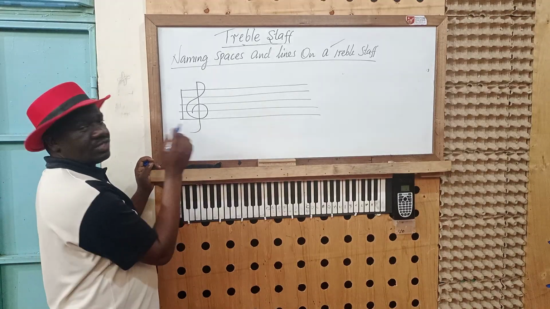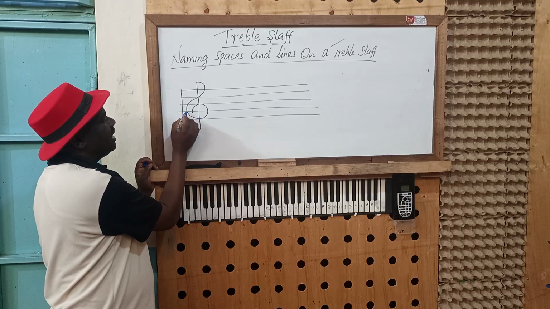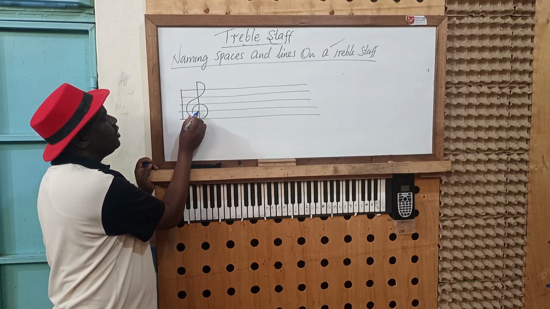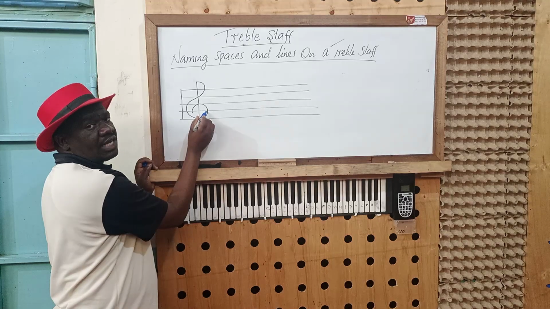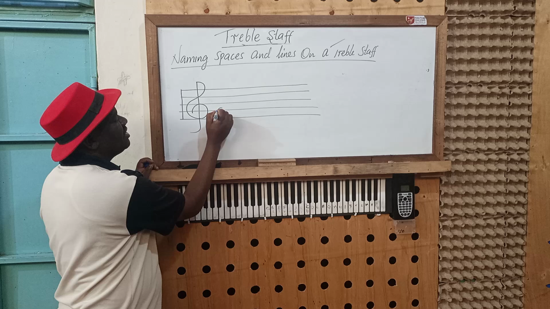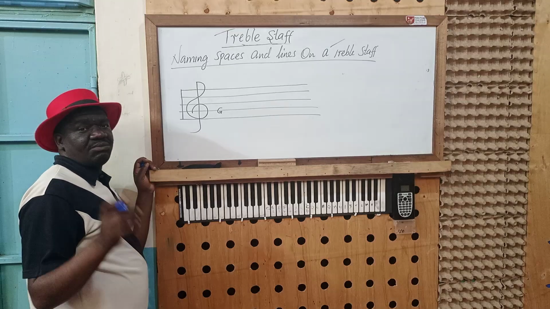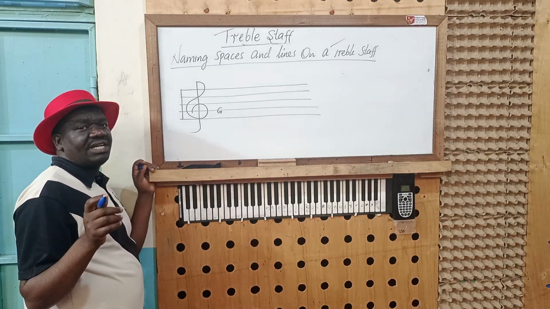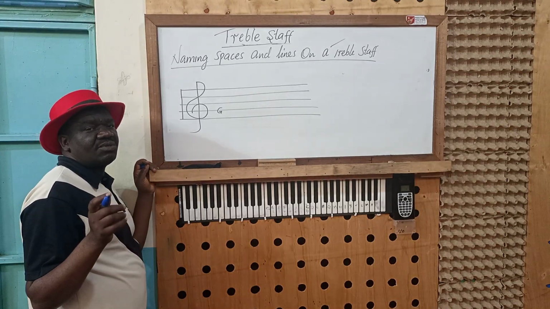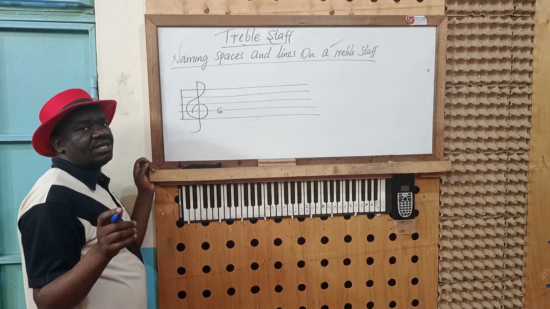Now, if you study this clef, it revolves around the second line. It cuts the second line 1, 2, 3, 4 times. So the name of this line is G. When you get the name of that line, we normally name lines and spaces in treble staff using the first 7 letters of the alphabet.